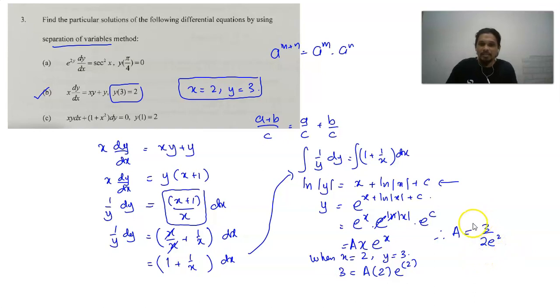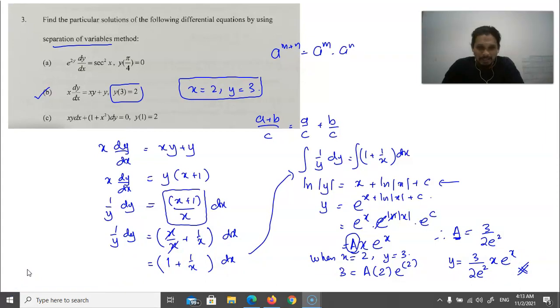So substituting the value of a, y equal to 3 divided by 2e squared, times x times e to the power of x.